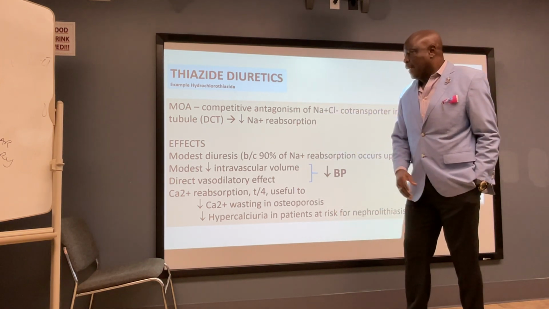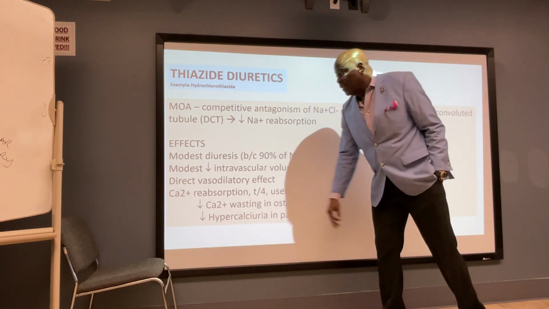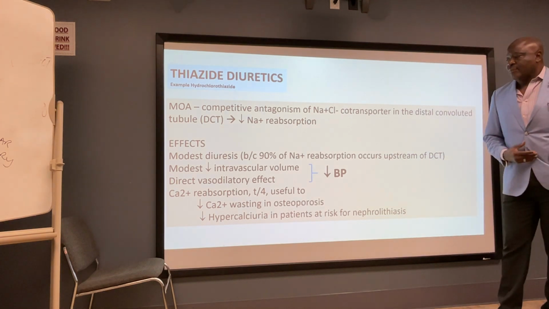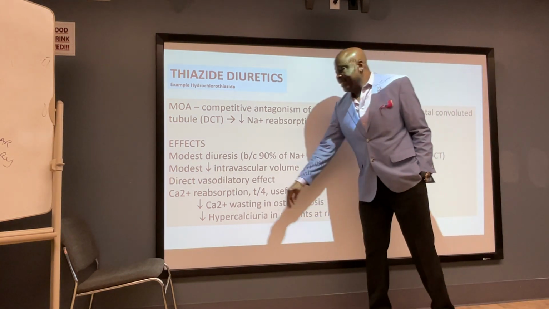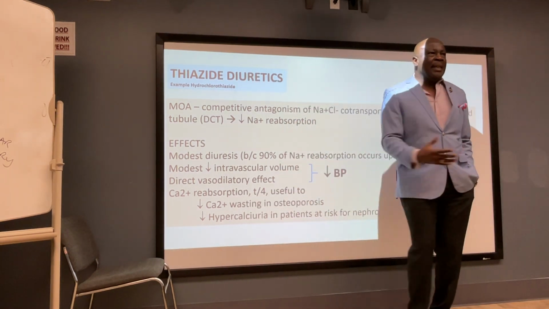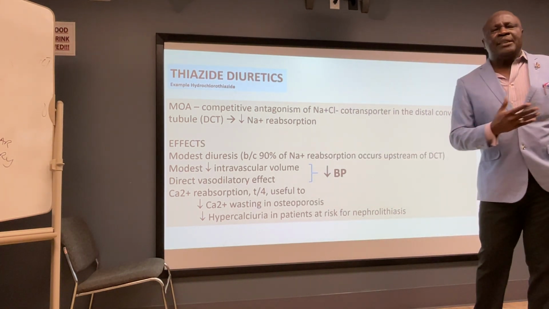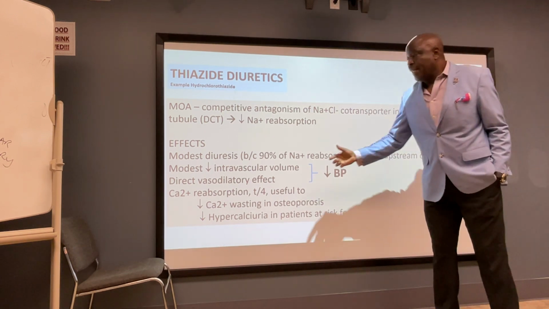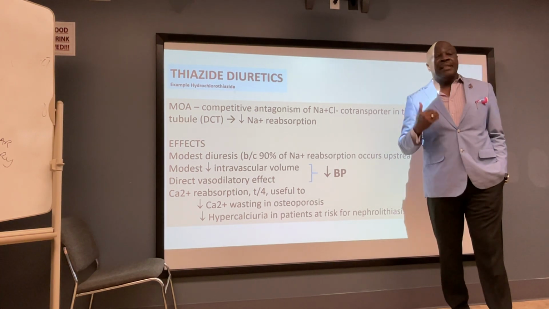Please note also that these diuretics will increase calcium reabsorption. When they increase calcium reabsorption, they are useful in treating patients who have a lot of calcium wastage. If a patient is losing too much calcium, then it makes sense to give an agent that will cause reabsorption of the calcium into the system.